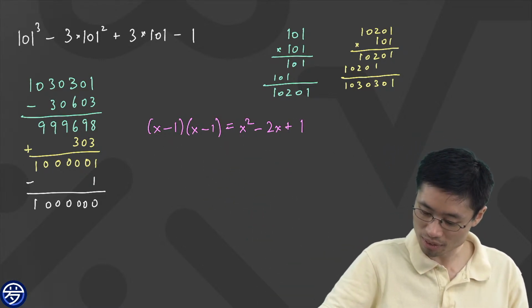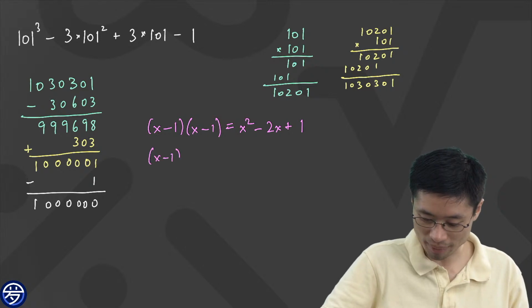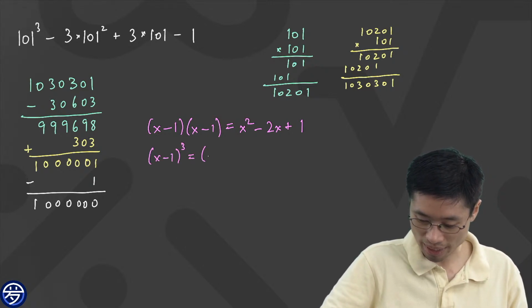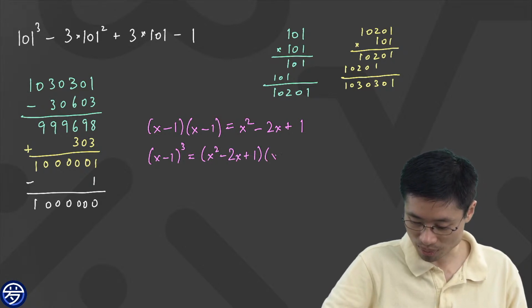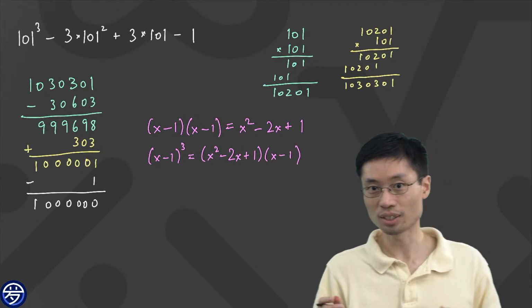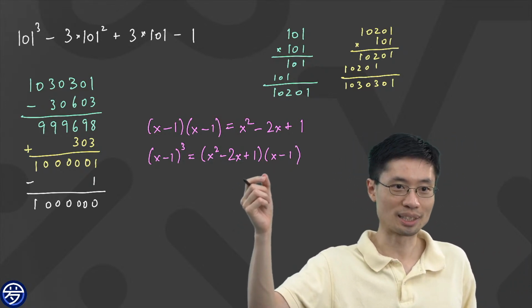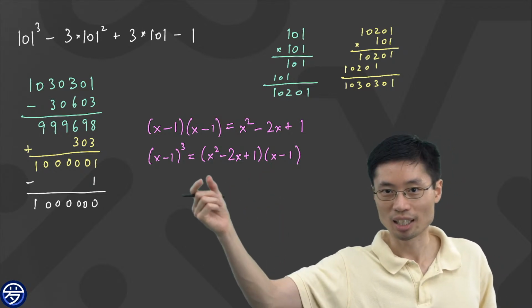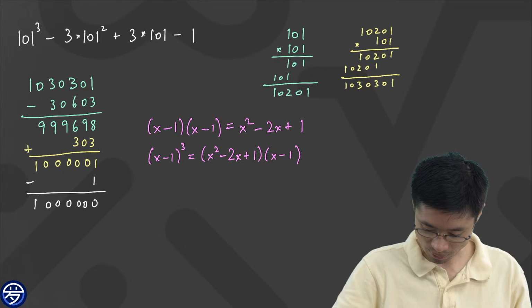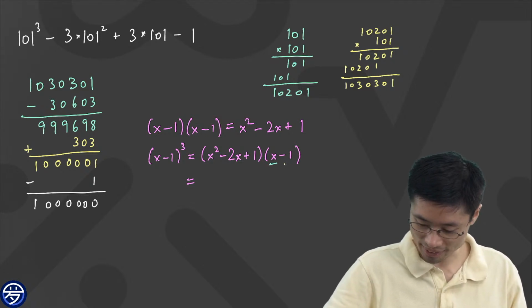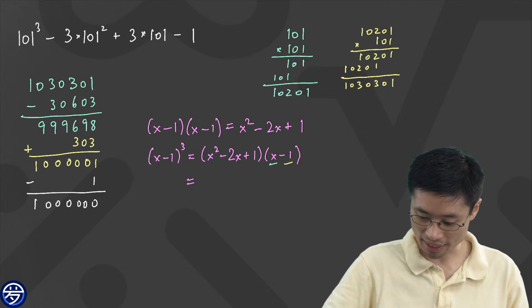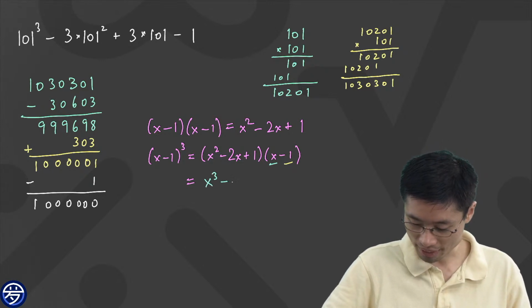Fine. What if I did, just for fun, if I wanted to know what was x minus 1 cubed? Well, that would just be what I had before, x squared minus 2x plus 1 times x minus 1. Oh boy, how do I do this? Well, I guess I can actually try to expand this. From the x's, I get an x cubed minus 2x squared plus x.